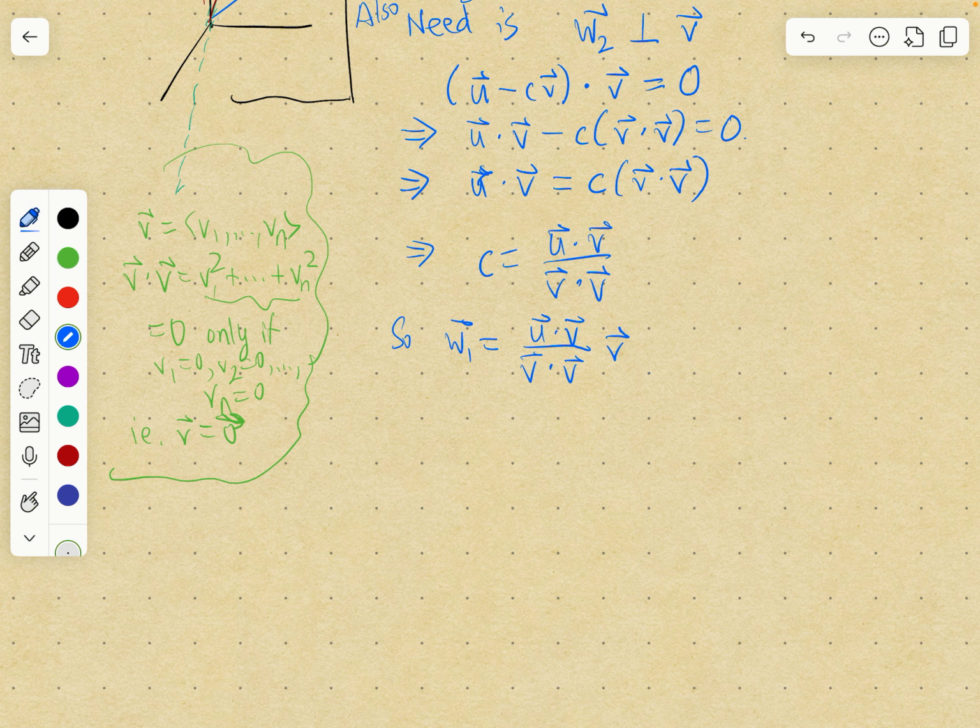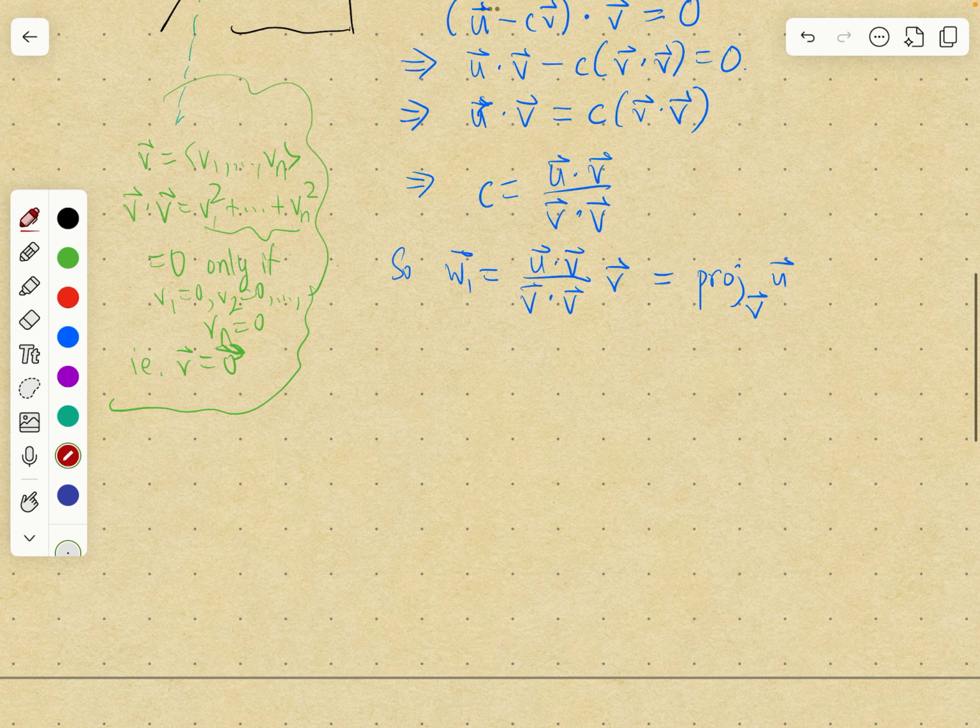So this vector is often called the projection of U onto V. Okay. So that's the notation. Let's just put a box around it.